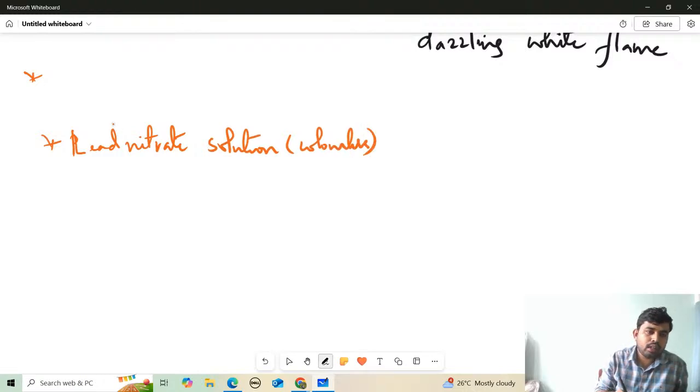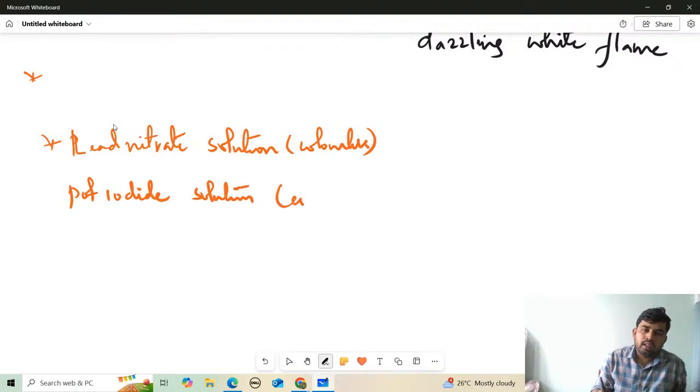And the second thing we are taking is potassium iodide solution. This is also colorless, so both are colorless solutions. When they are mixed with each other, what happens?